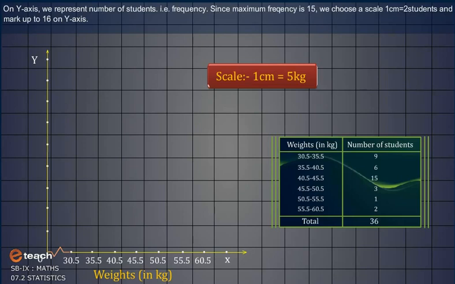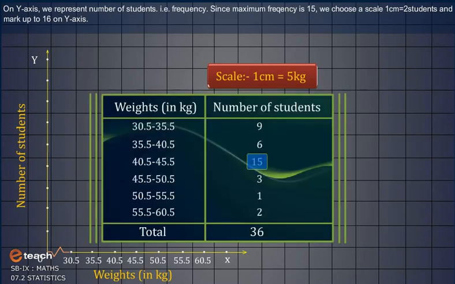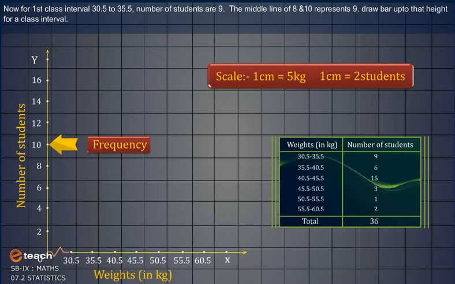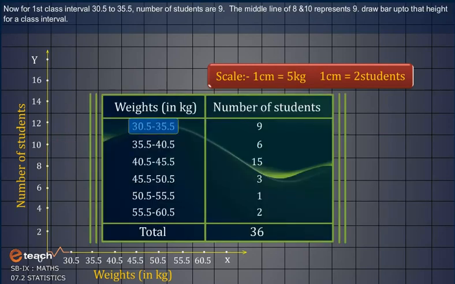On the y-axis, we represent the number of students, that is frequency. Since the maximum frequency is 15, we choose a scale 1 centimeter is equal to 2 students and mark up to 16 on the y-axis. Now, for the first class interval 30.5 to 35.5, the number of students is 9.